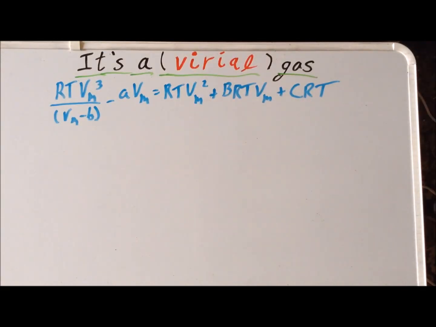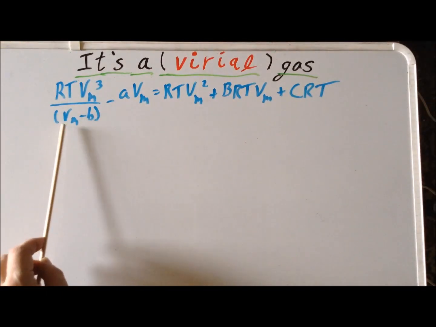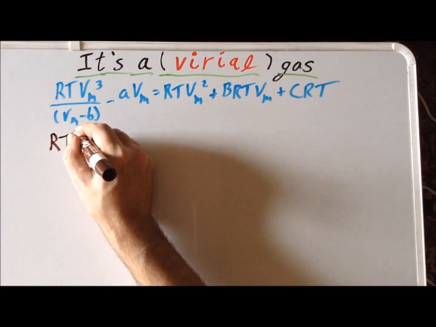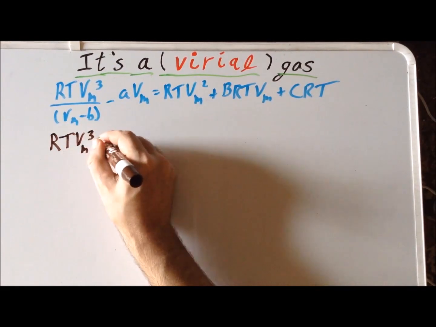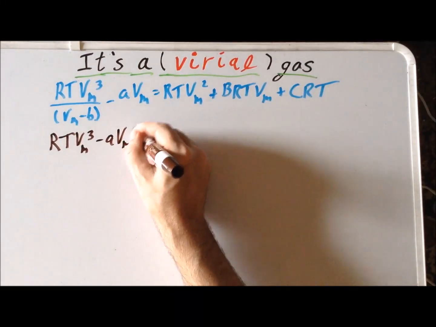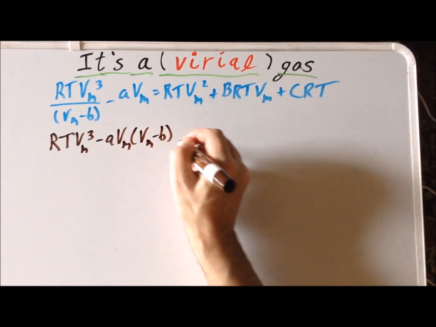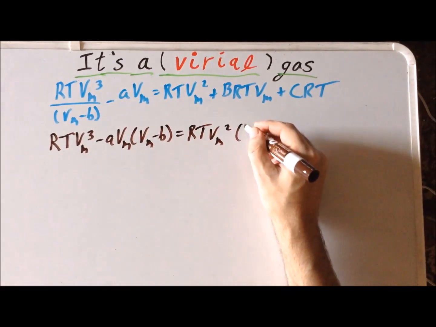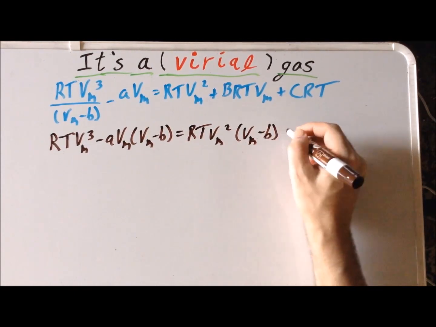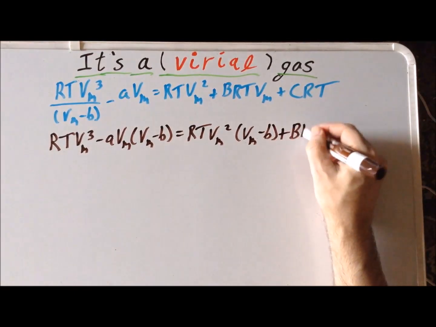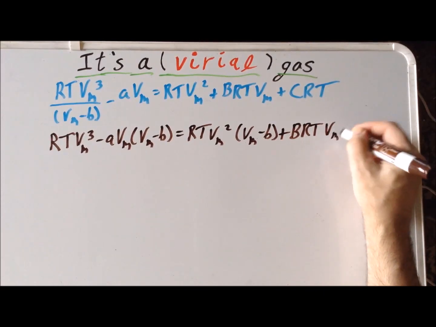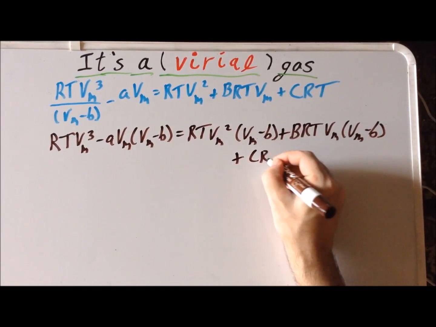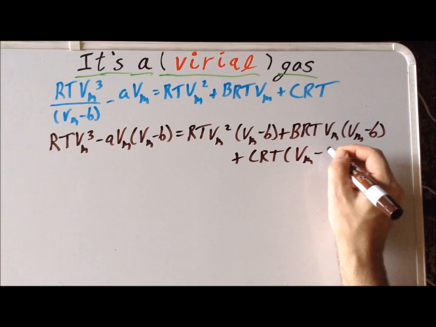Next, we multiply each side of the equation by the quantity, the molar volume minus b. As a result, we get RT times the molar volume cubed minus a times the molar volume minus the constant b equals RT, the molar volume squared, times the molar volume minus b, plus big B RT, molar volume times the molar volume minus b, and then lastly we have C RT times the molar volume minus b.